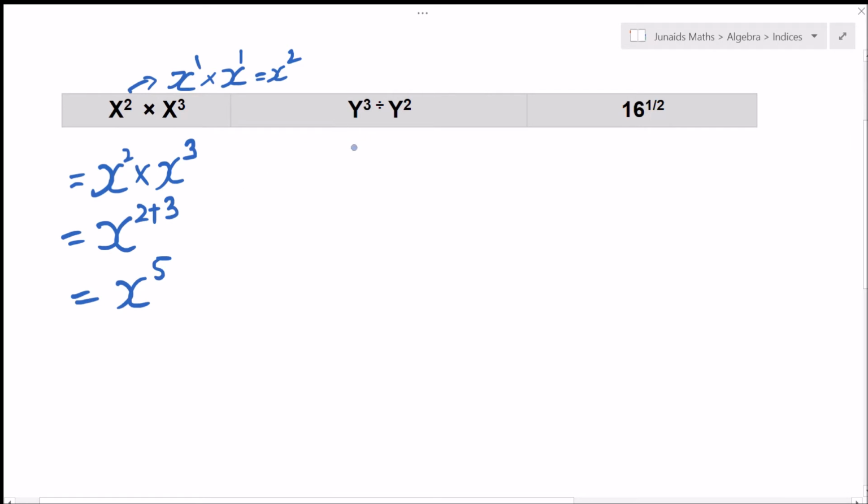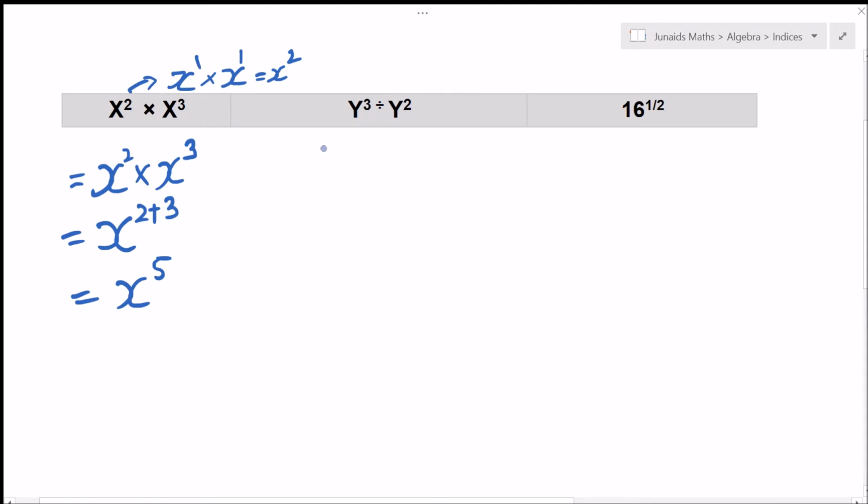Now the next example here is similar, but you can see that we have a division sign. Now some students will try to divide 3 by 2. That is not the case, because remember that there are 3 y's here divided by 2 of the y's.